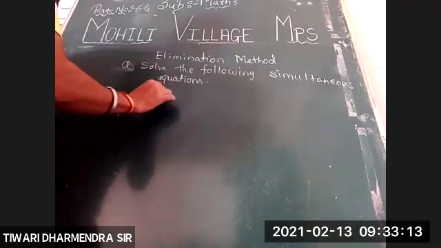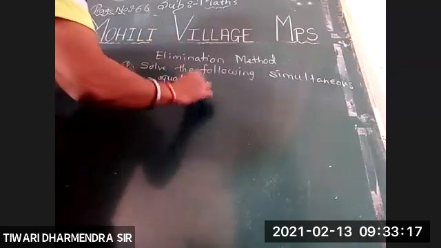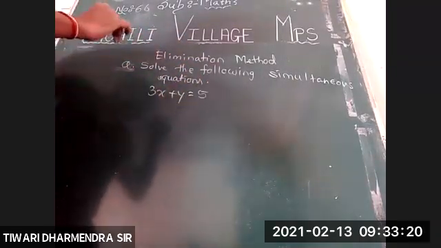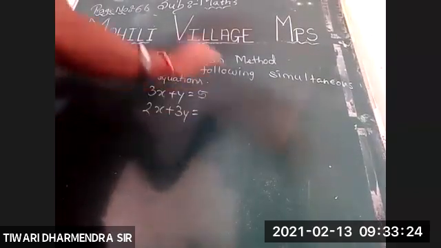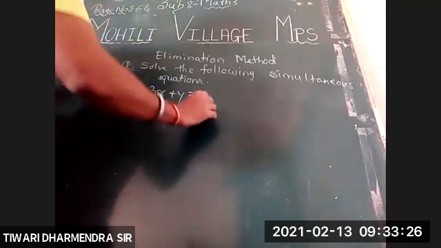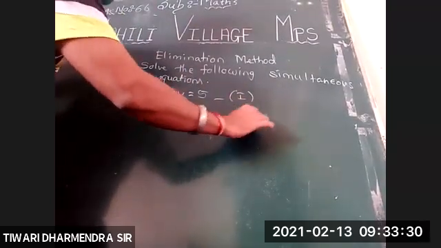First equation is 3x plus y is equal to 5. Next is 2x plus 3y is equal to 1. This is my equation number 1. This is my equation number 2. Okay.